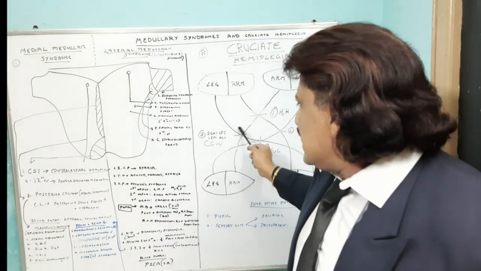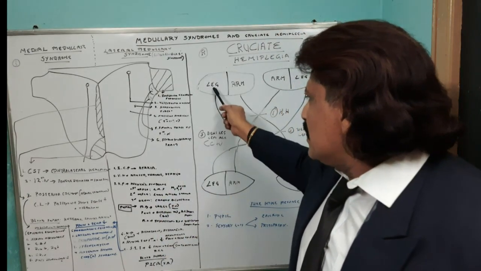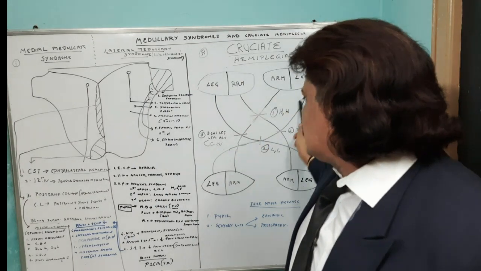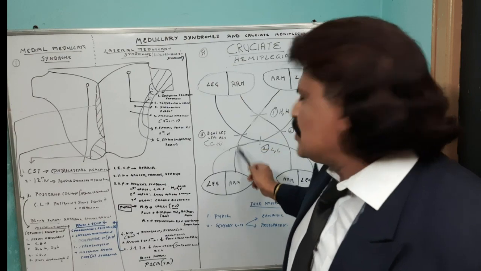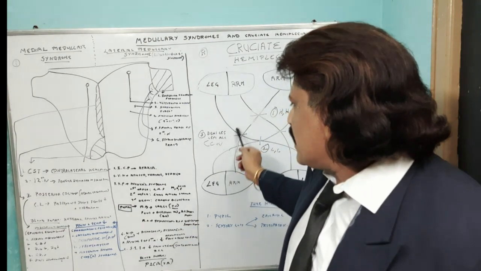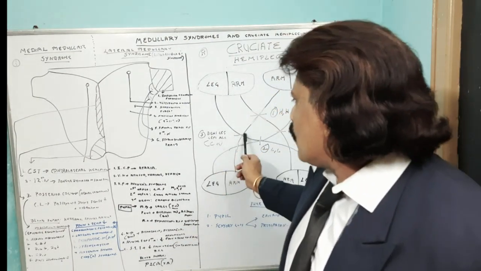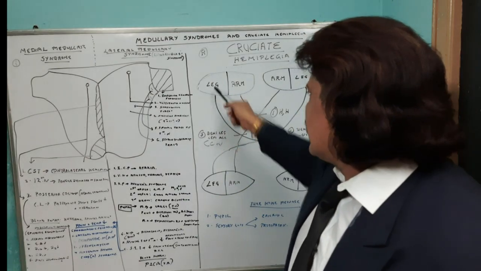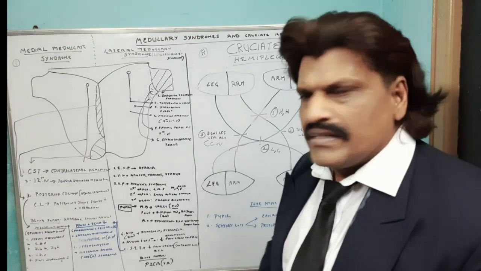But if there is a lesion here, wherein the leg area on one side which is uncrossed, and the arm fibers which have just crossed, get affected, we have a very peculiar combination: the right leg and left arm can get affected.